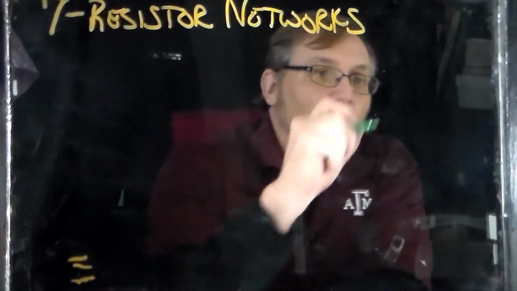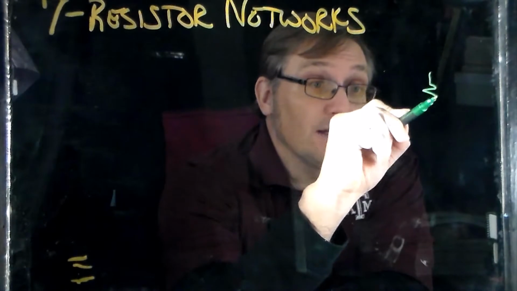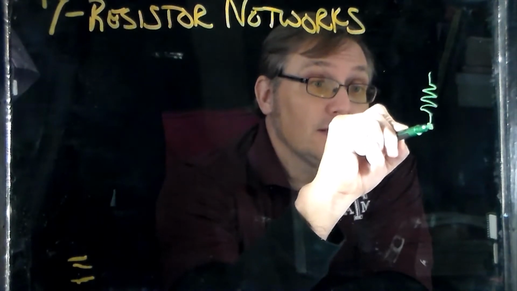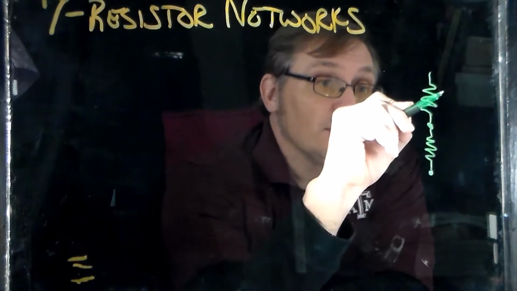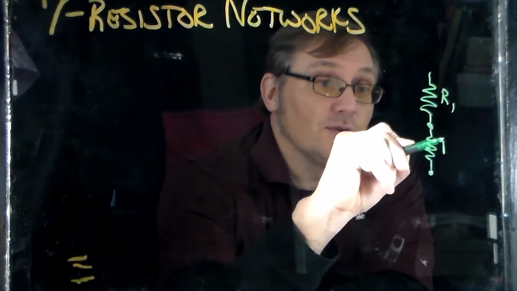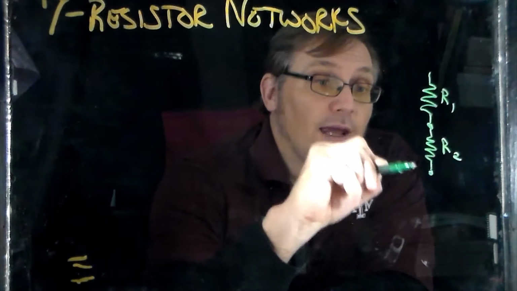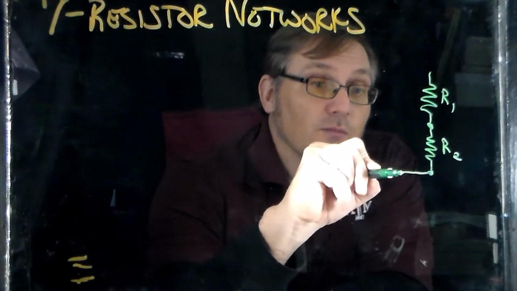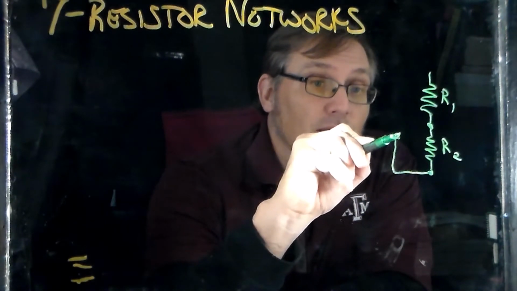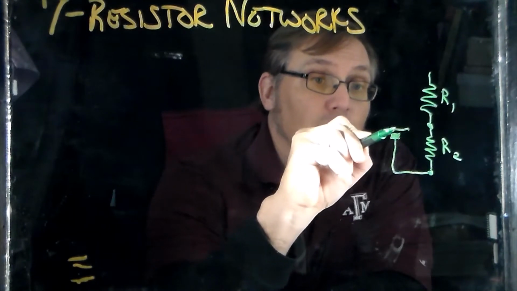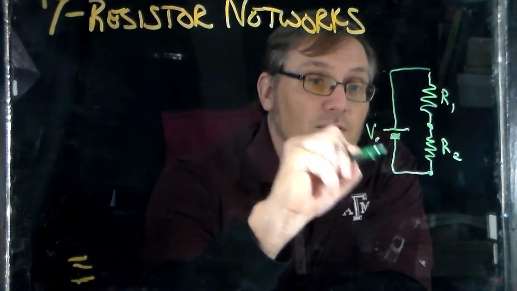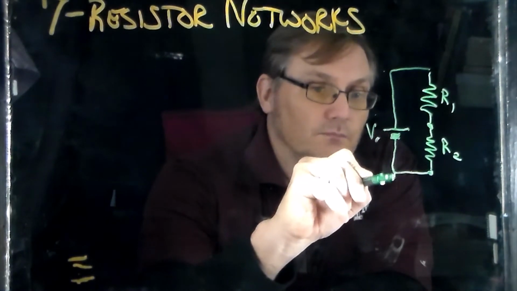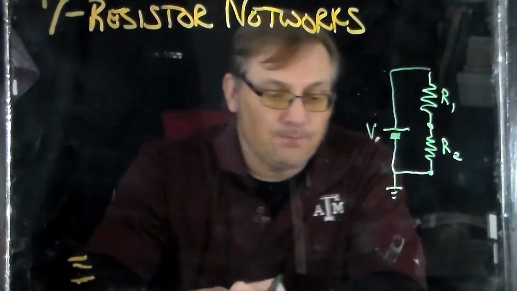And that is, if you have two resistors in series, like this, 1 and 2, so this is resistor 1 and this is resistor 2, and then you connect them to a battery here with the rating of V0, and we can go ahead and give this a ground there.